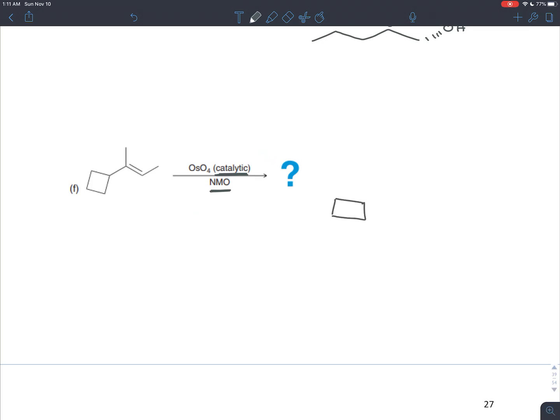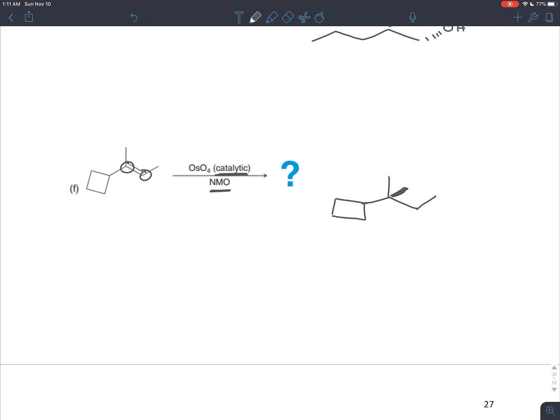So you can redraw the carbon skeleton as it was, just without the pi bond. And where the pi bond was, we're going to add 2 hydroxyl groups, one on each of the carbons that were in the double bond. We just have to make sure that they're syn.